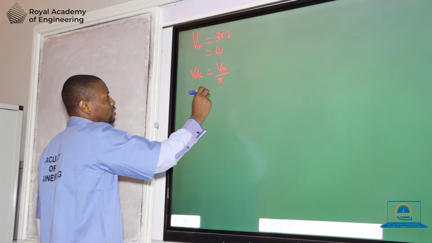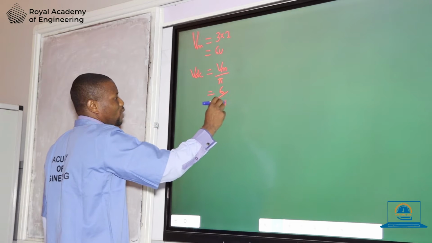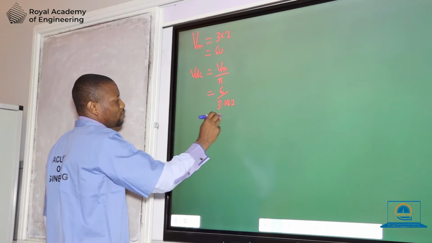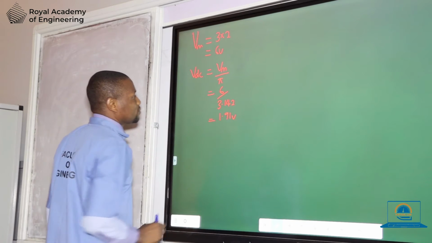This leaves us with 6 divided by 3.142, which will give us a value of 1.91 volts.